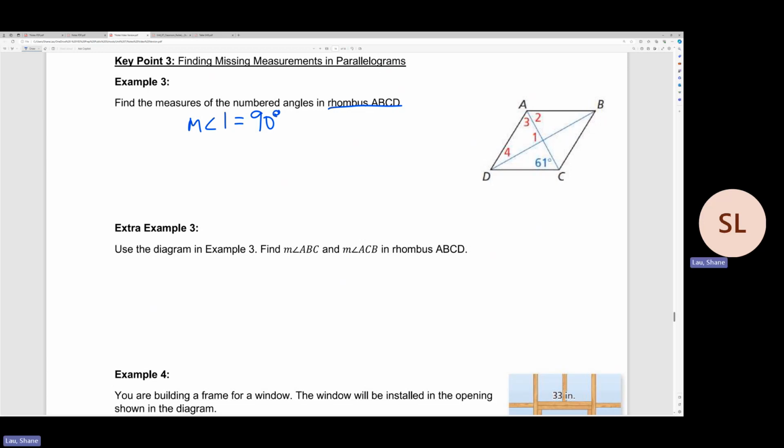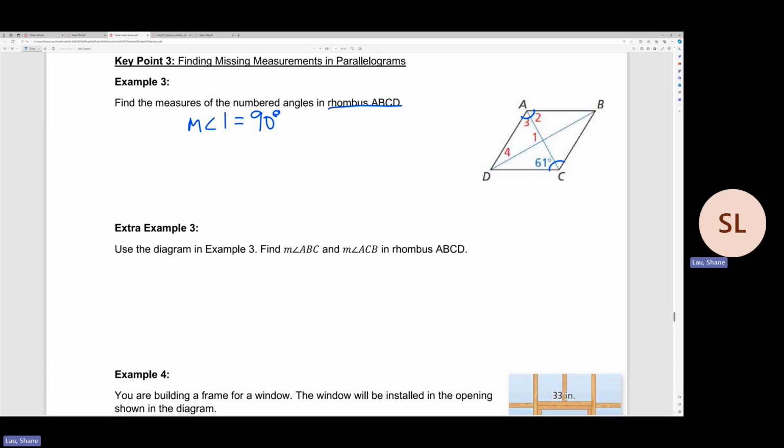But angles 2, 3, and 4 are going to come from 7.12. The reason is that the diagonals bisect our angles. So, easy way. We know that angle ACD is 61 degrees. And from my ideas of rhombi and parallelograms, if we take out the diagonals, angle A and angle C are congruent to each other.